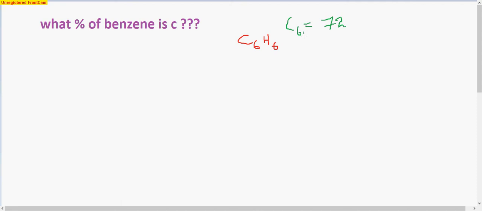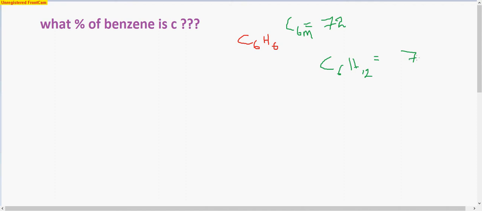Let me put an M over here. What is the total mass of C6H6?